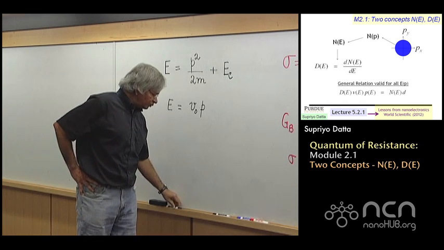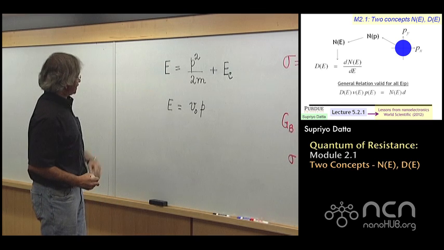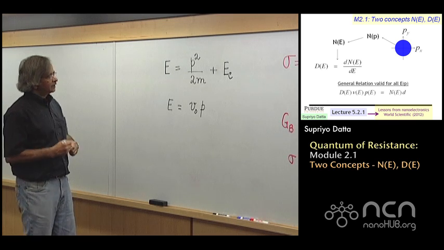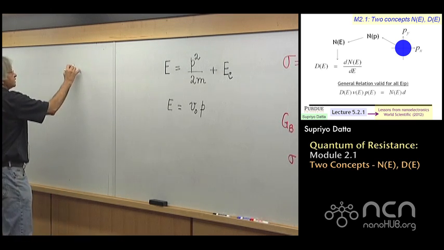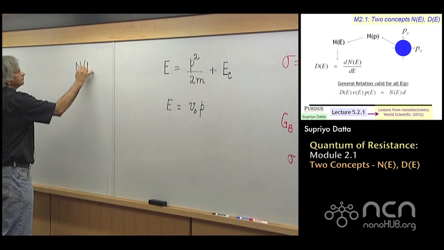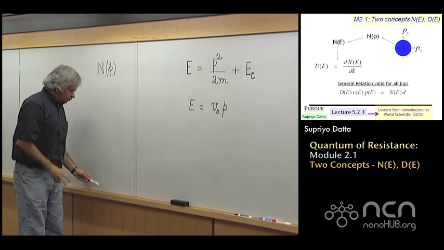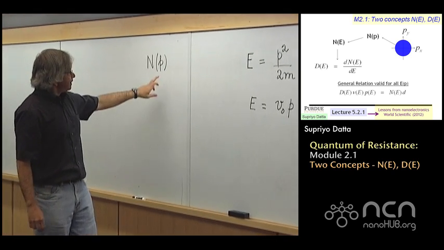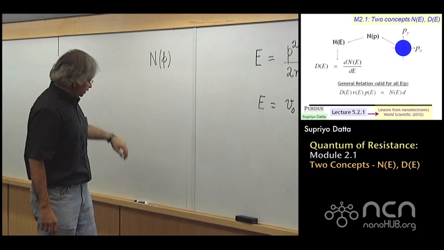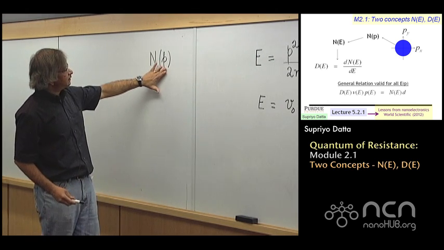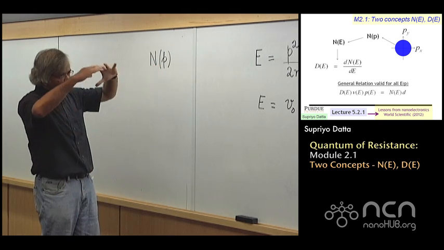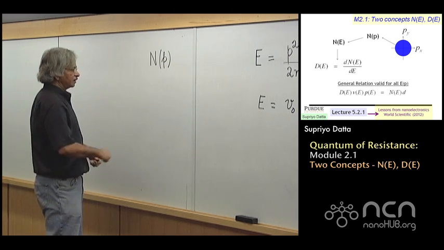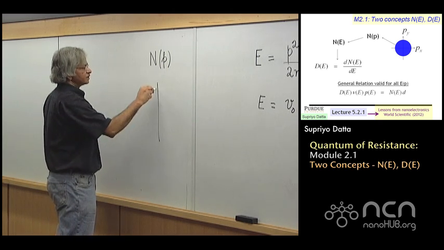Now, the way we'll do this is, we'll first define something that we'll call N of P. This function stands for the total number of states that you have whose momentum happens to be less than P. So let's think of a two-dimensional conductor, just to be simple.